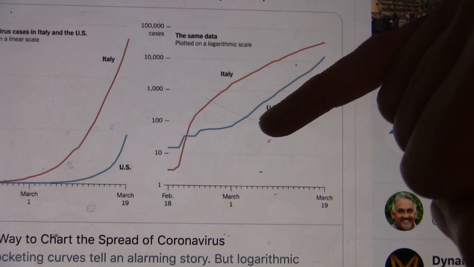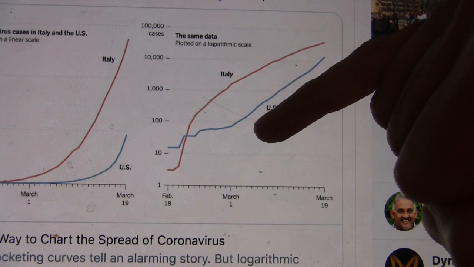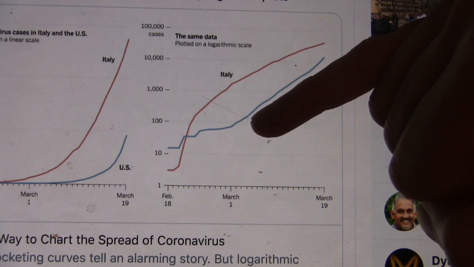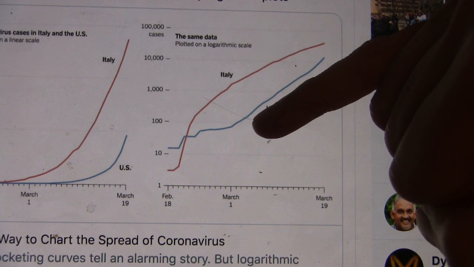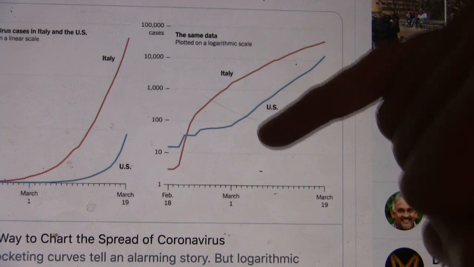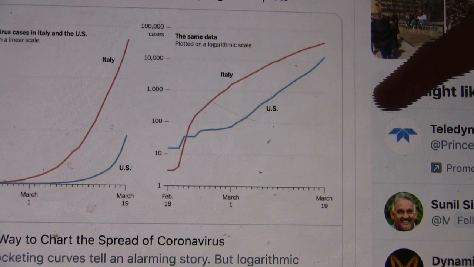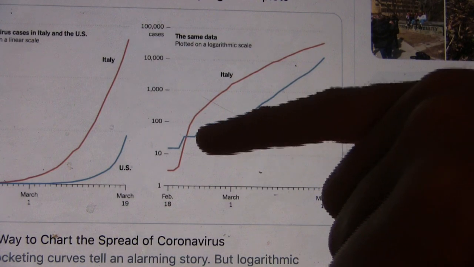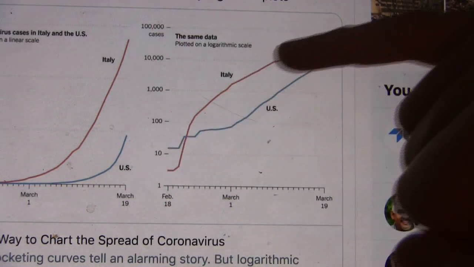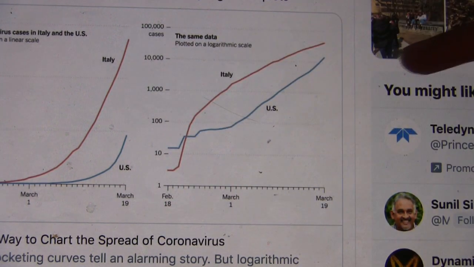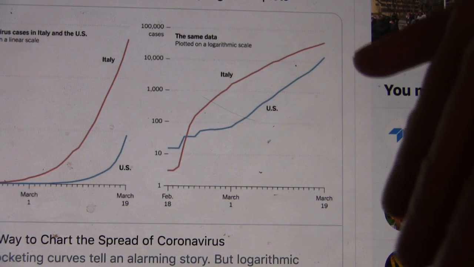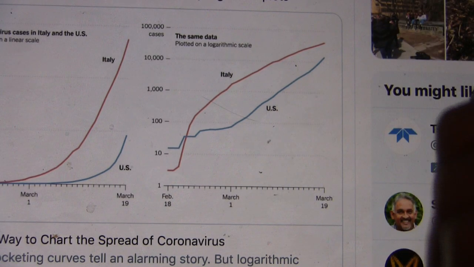So when it's a straight line, like we see in the U.S., that means we have exponential behavior. And it even seems to be picking up at the end, like increasing. Right. That's even scarier, that you're getting above exponential behavior. And the Italy graph, which is concave down, is below exponential behavior.